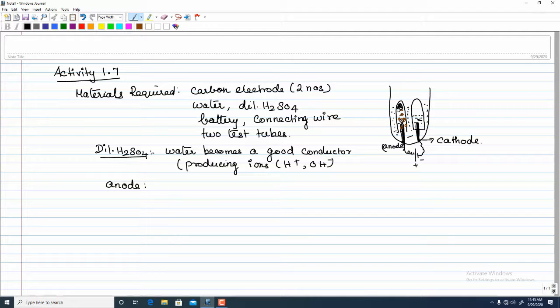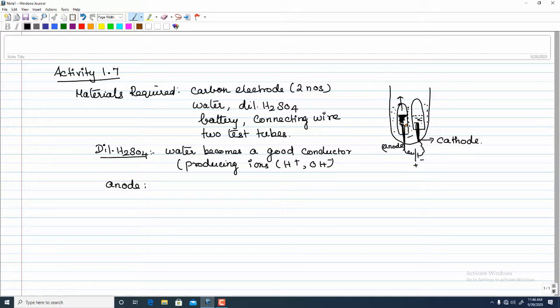As more and more gas is released, the water level slowly comes down. When the water level comes down, it means that more and more gas is collected in the test tubes.